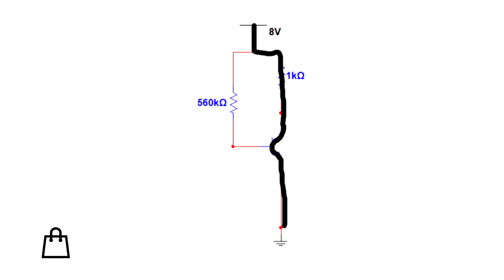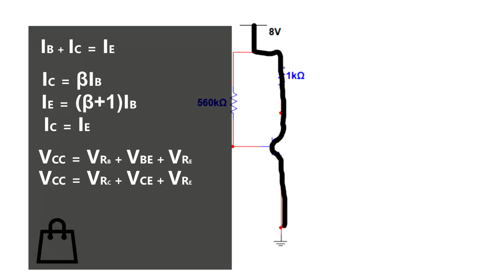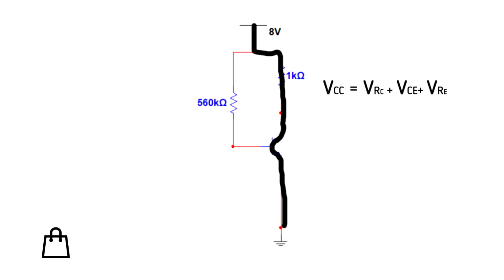Now let's look at the right side because the VCE is located in the right part. Let's open up our bag of formulas and we'll use the formula for the right side. VCC is equal to VRC plus VCE plus VRE. Again, VRE is 0, so we're left with VCC equals VRC plus VCE.